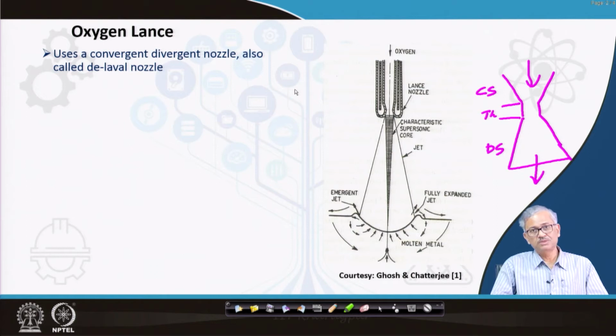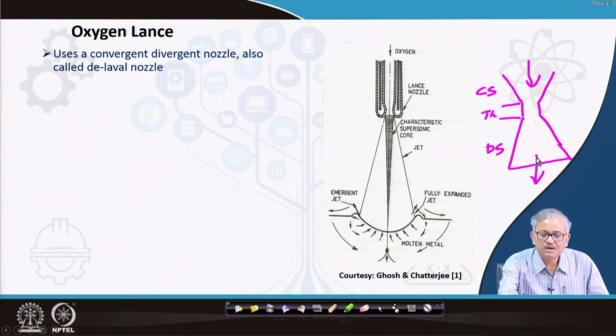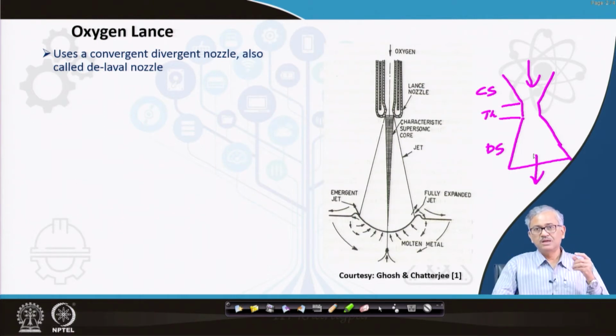But in the case of the convergent divergent nozzle, because of this design, when the gas comes out of the diverging section, the pressure of the oxygen can be controlled to one atmospheric pressure.